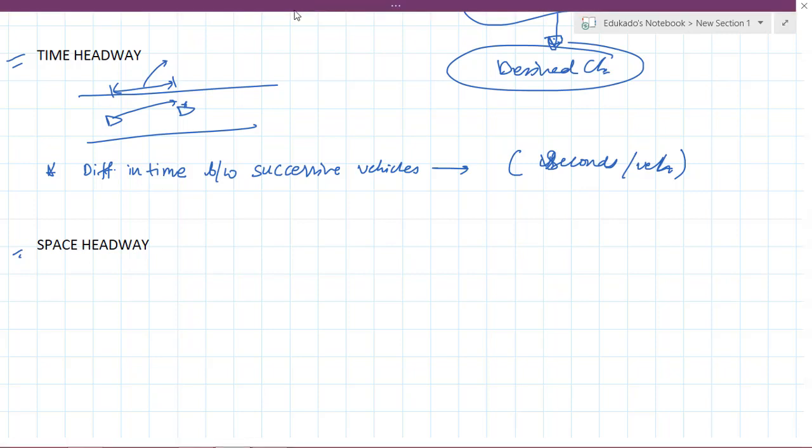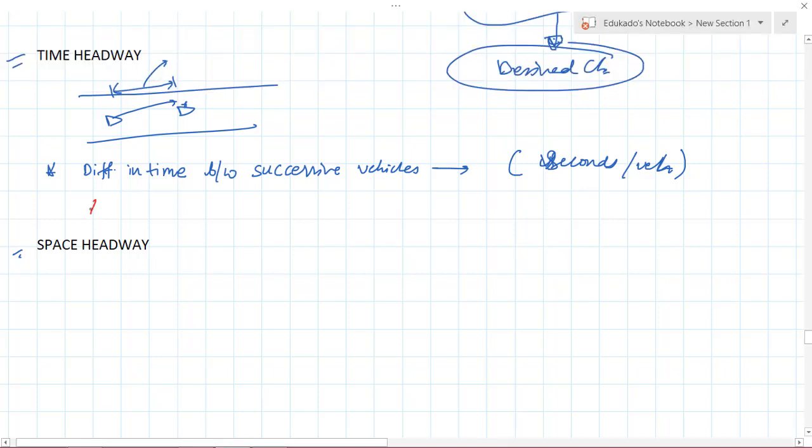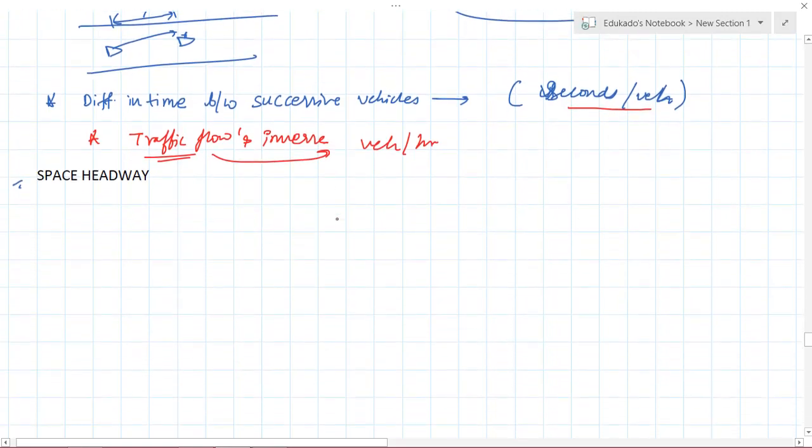The thing to understand here is that this is nothing but the inverse of traffic flow. If you remember, traffic flow was vehicles per hour. If I take the inverse of vehicles per hour, I get seconds per vehicle. So dimensionally and conceptually, you can understand that the inverse of traffic flow is equivalent to the time headway.